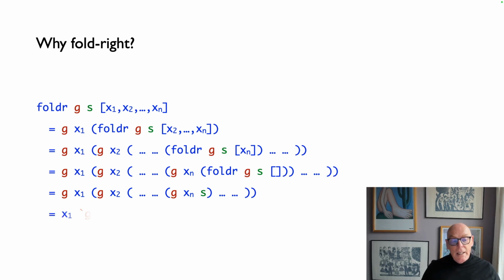But if we turn g into infix, you can see even more clearly that what we've done is fold the function g into the list with the starting value s. So instead of having the list x1, x2, x3 down to xn, what we've got now is x1 g x2 g and so on. We've folded the application of that function g along the list, and we've folded it from the right. So we start applying g at the end of the list and then recursively build outwards. So that's why it's called fold right.